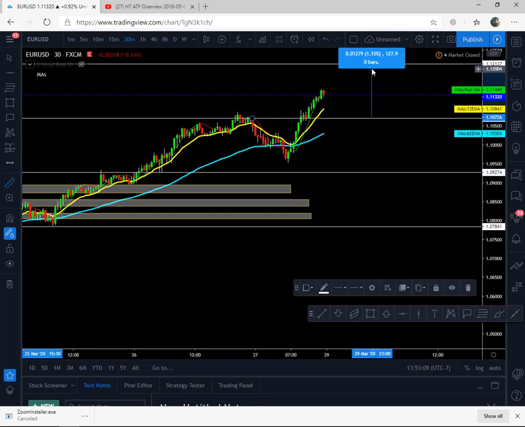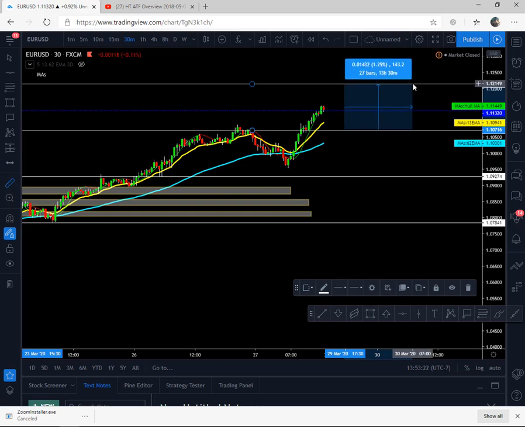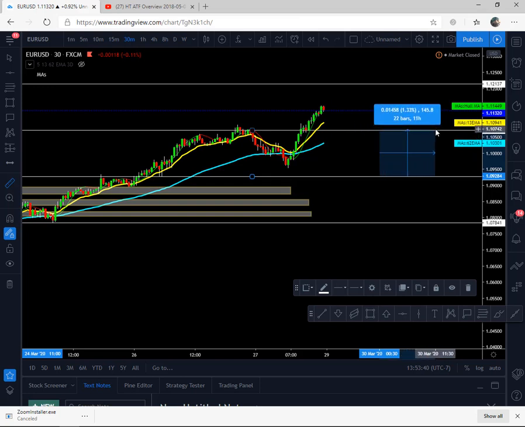So from this line to this line, that should equal another 144 pips. And from this line, it should also equal 144 pips. Okay.